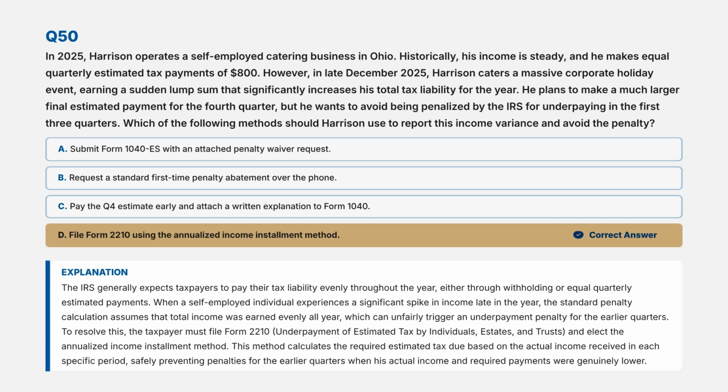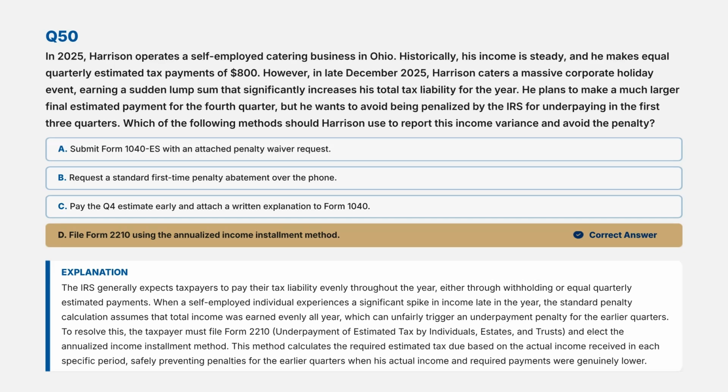To resolve this, the taxpayer must file Form 2210, Underpayment of Estimated Tax by Individuals, Estates and Trusts, and elect the annualized income installment method. This method calculates the required estimated tax due based on the actual income received in each specific period, safely preventing penalties for the earlier quarters when his actual income and required payments were genuinely lower.